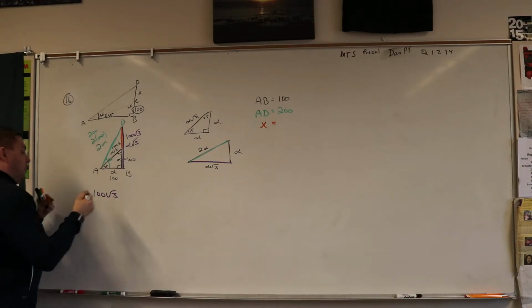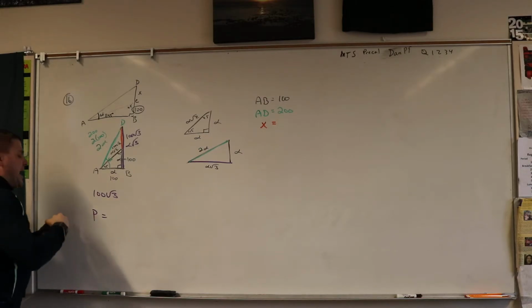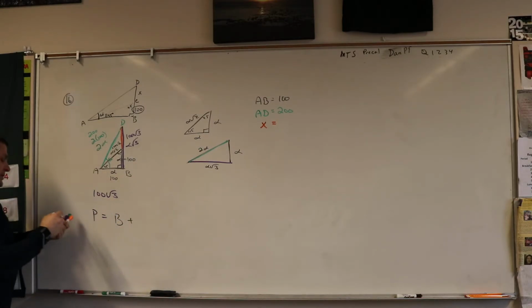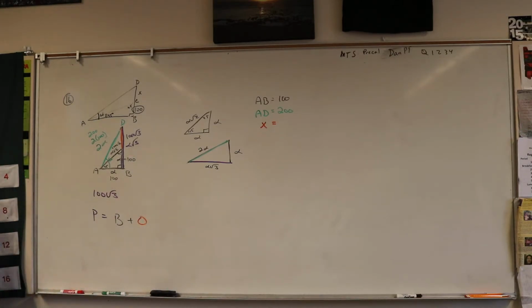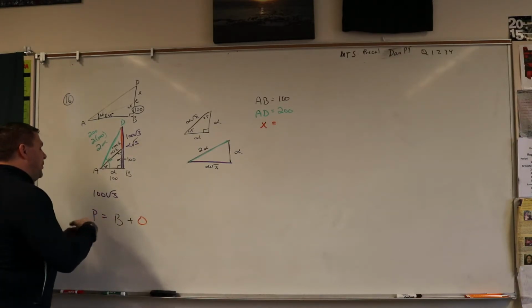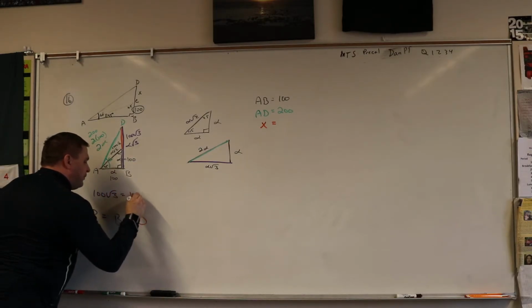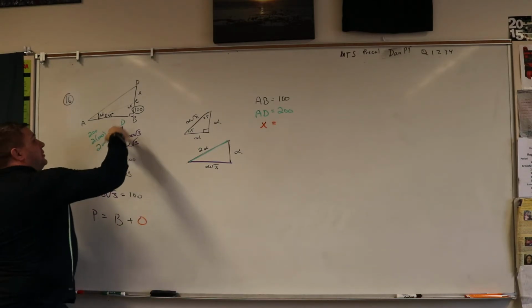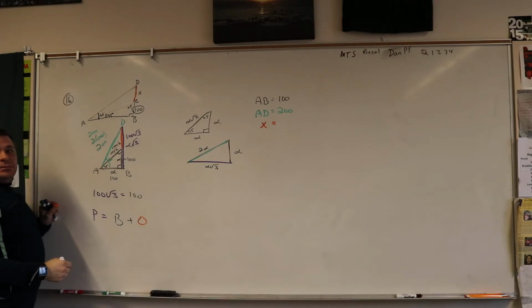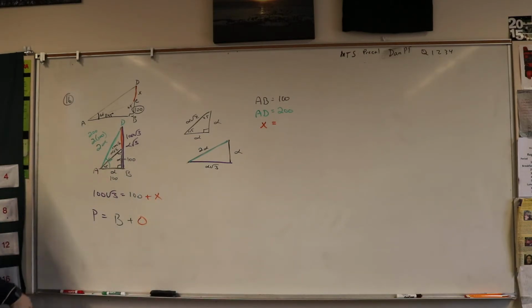Okay? So would you agree that the purple is equal to the black plus the orange? Yes. Is that true? Okay. So the purple is equal to the black, which is, you said 100, right? Plus the orange, which is X, right? The orange is X. Is that correct? Yeah. Okay. How do I solve for X?